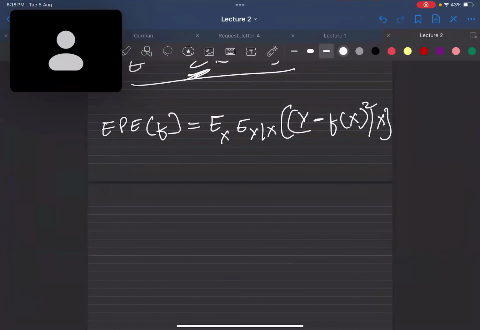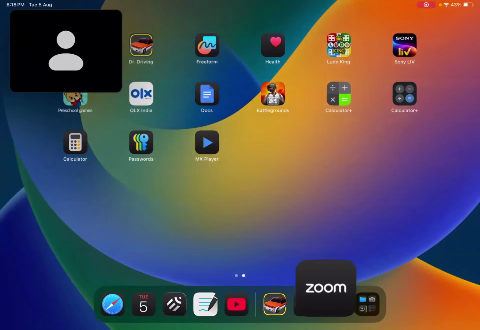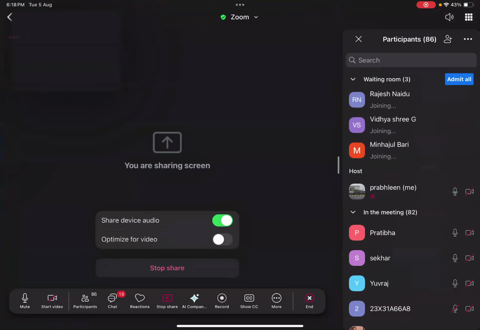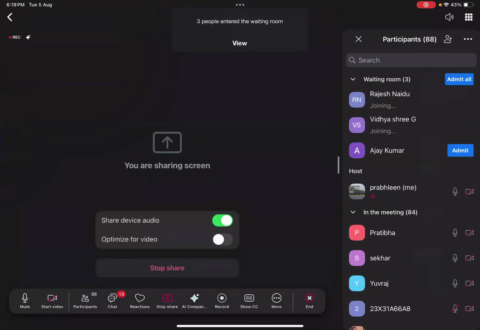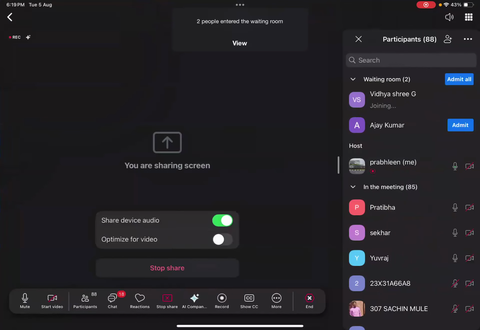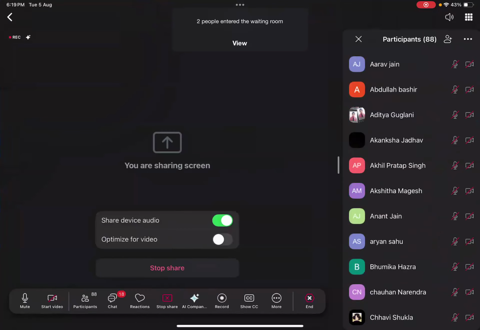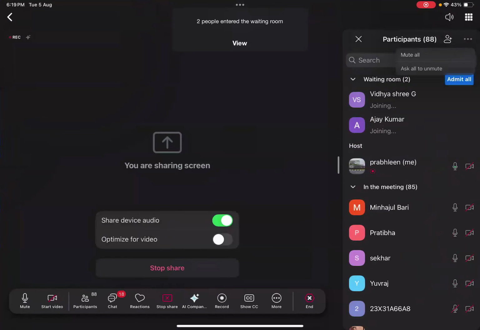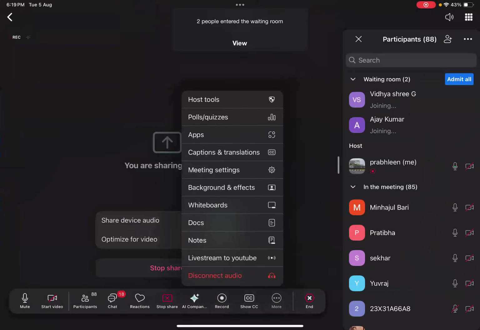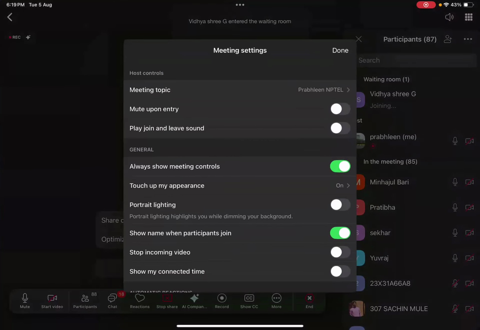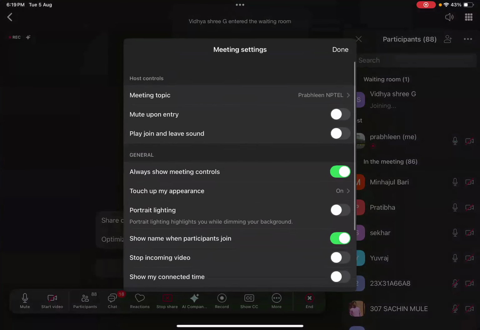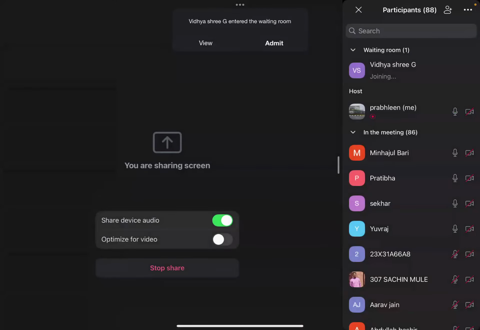Yes. I'm sorry, whosoever were waiting in the waiting room. I'm so sorry. I don't know why it's not getting enabled, like disable the waiting room. Otherwise, there is an option here, but this option is disabled. Like it's not showing me here. I want to disable this waiting room, but I'm unable to. I'm so sorry for that, whosoever have joined late.